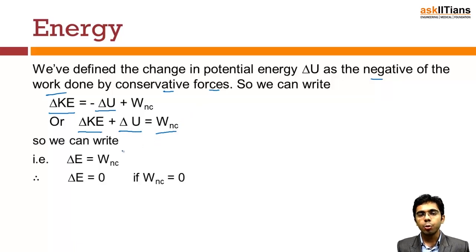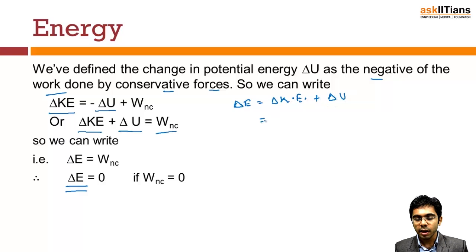Now, if the work done by the non-conservative force is equal to 0, that means the body is not acted upon by a non-conservative force. So we can write that delta E will be 0. This delta E is equal to delta kinetic energy plus delta potential energy, or we can write this as delta of kinetic energy plus potential energy.